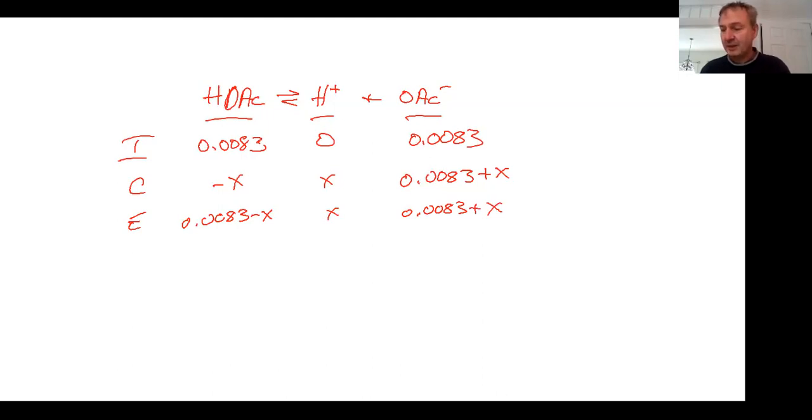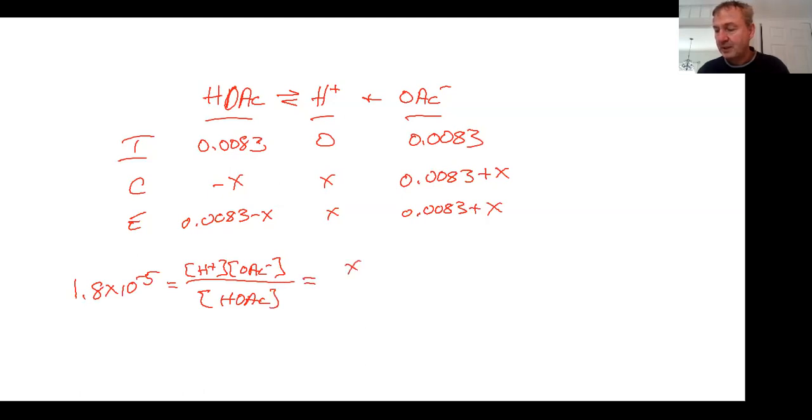So Ka is 1.8 times 10 to the minus 5, which is H plus times OAc all over HOAc, equals x times 0.0083 all over 0.0083.